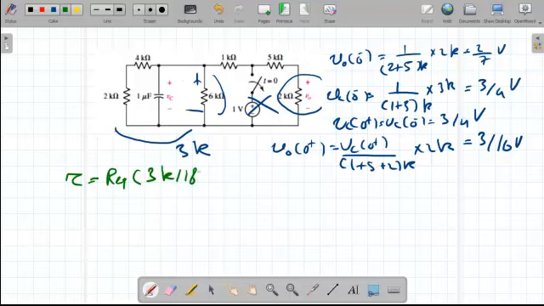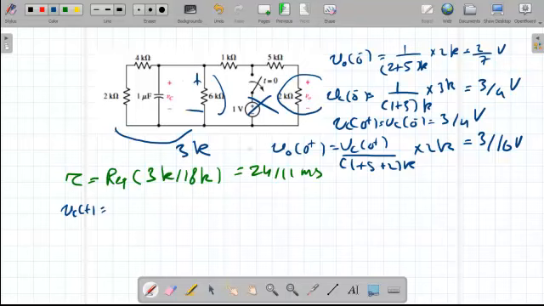So the time constant becomes 24 over 11 millisecond.